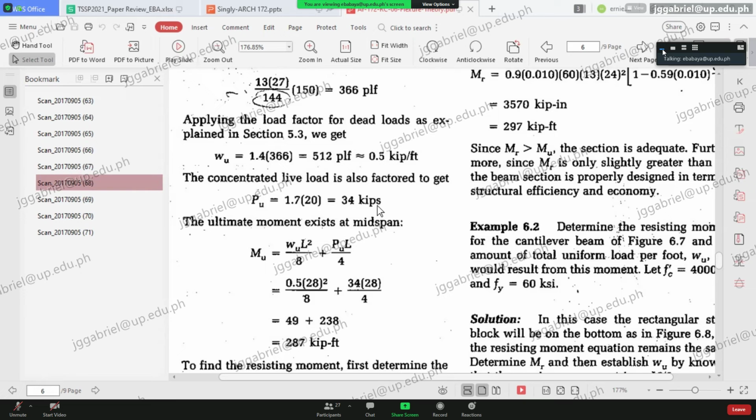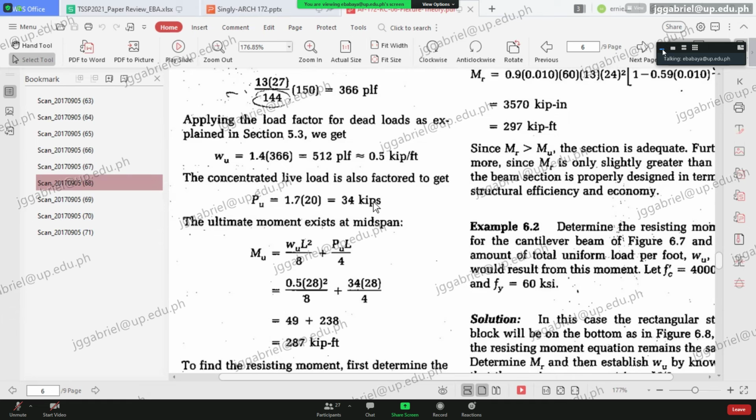So, let's review what we did here. We computed for the dead load, distributed load, to multiply by 1.4. And then the live load, we multiplied by 1.7. So those are already what we call factored loads. But we have to get the ultimate moment.